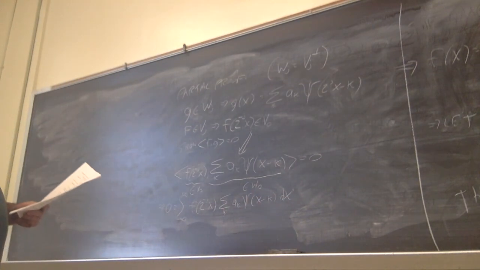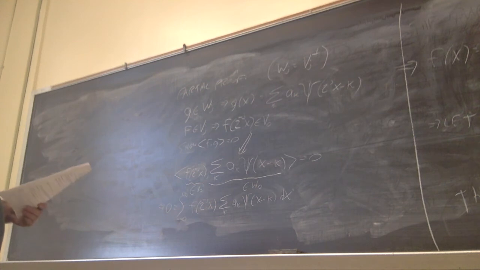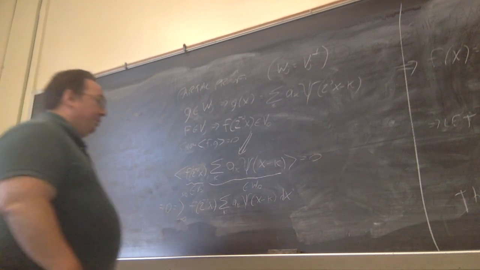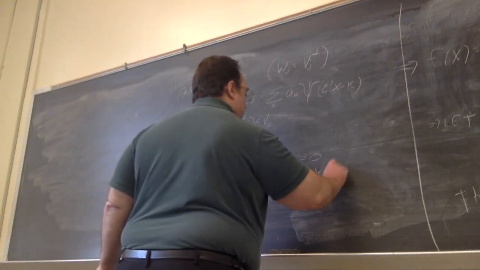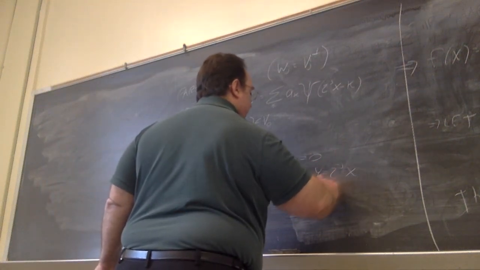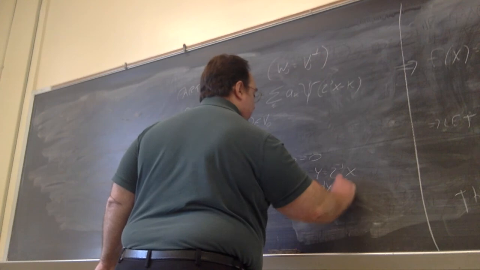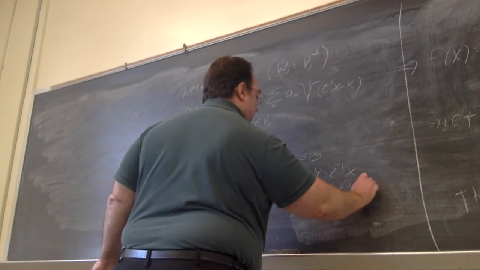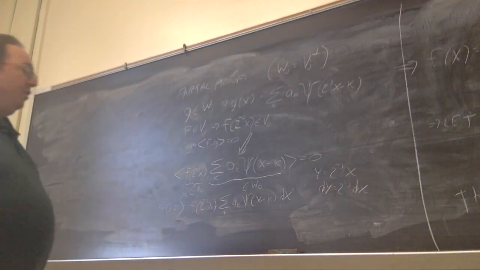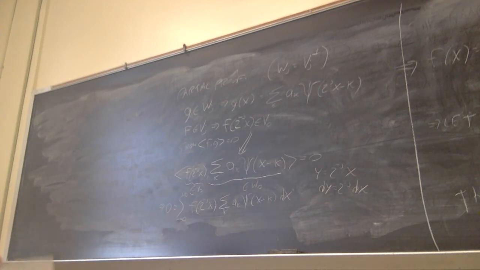So now what I'm going to do is make a change of variable like before. y is 2 to the minus j x, so dy is 2 to the minus j dx. Or in other words, dx is equal to 2 to the j dy.